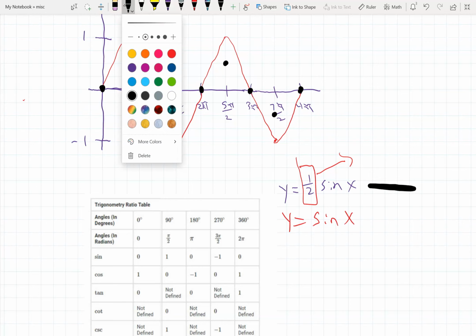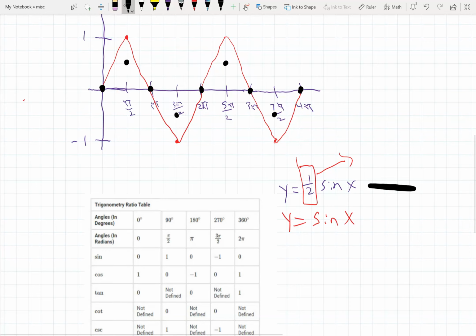Let's connect the dots here, drawing our best smooth curve through these points. You can see the black graph is a vertical compression. We have just taken the red graph and squished it down a little bit because we had this factor of 1/2. This is a vertical compression by a factor of 1/2.